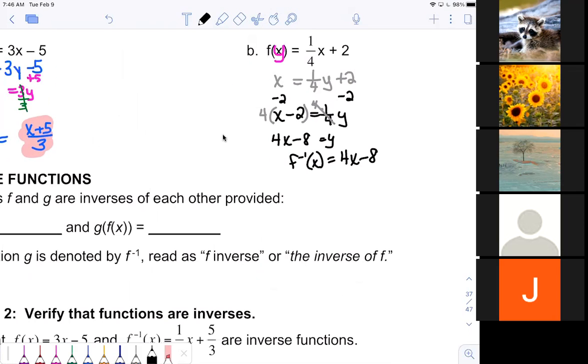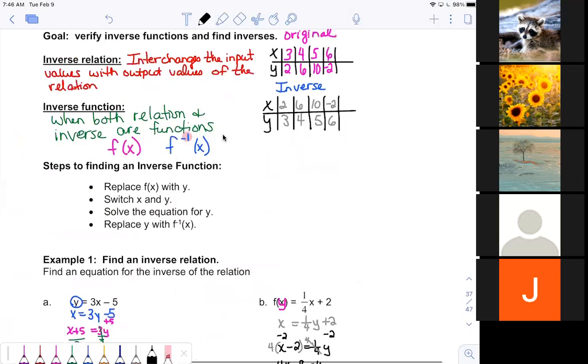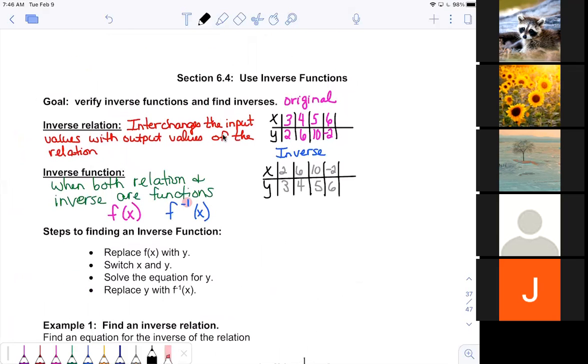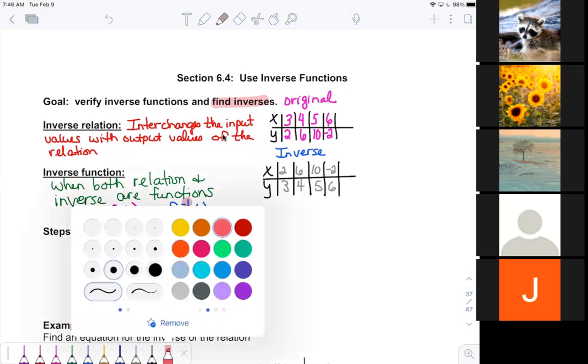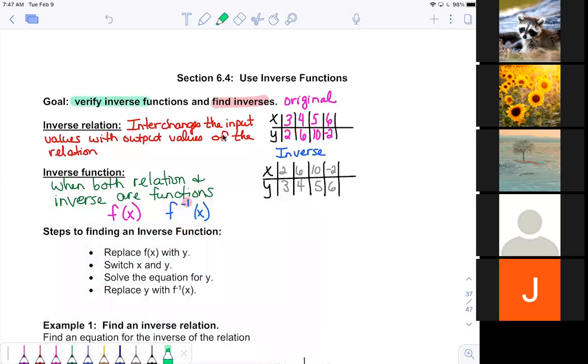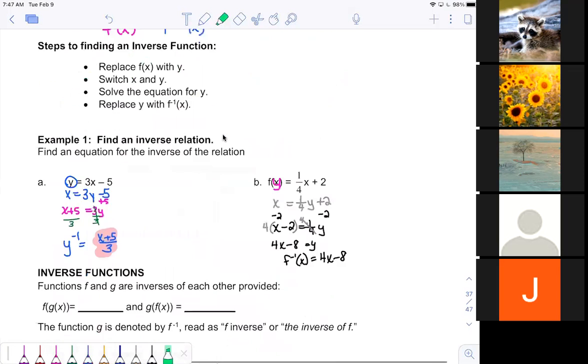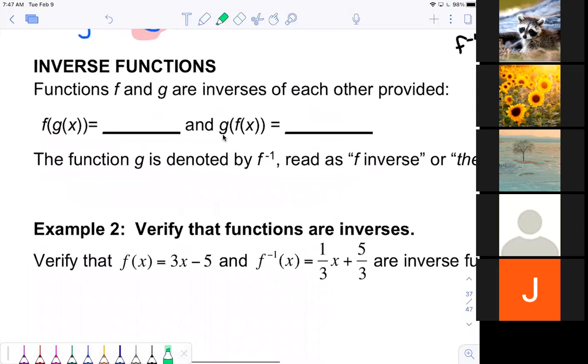Okay, so the next thing that we're going to talk about, there were 2 things today. So we did the one part, we found the inverses. Now the second part is to verify inverse functions. So functions are inverses of each other if they meet 2 conditions.